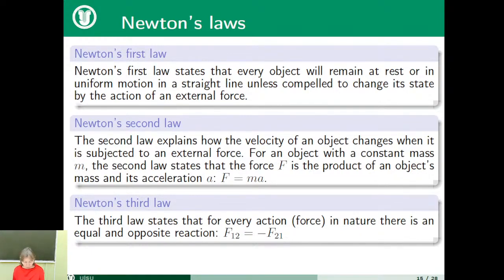Newton's first law. Before Newton formulated his mechanics, it was thought that some influence, a force, was needed to keep a body moving at a constant velocity. Similarly, a body was thought to be in its natural state when it was at rest.